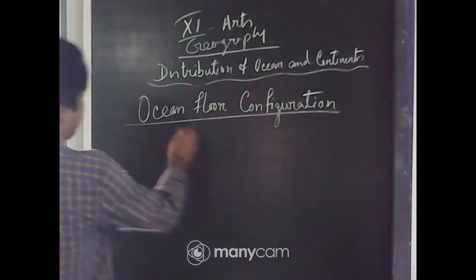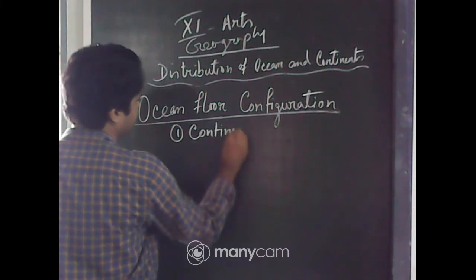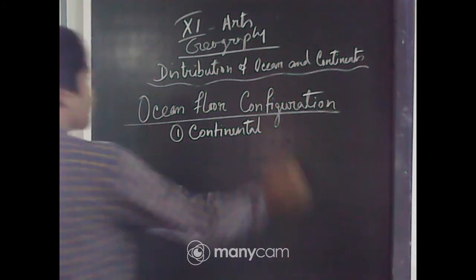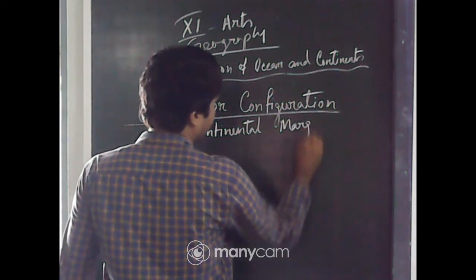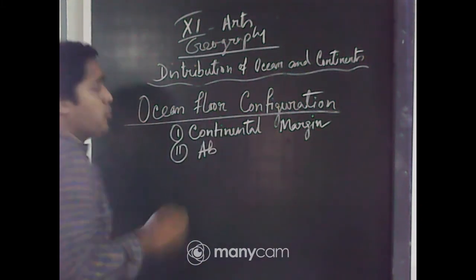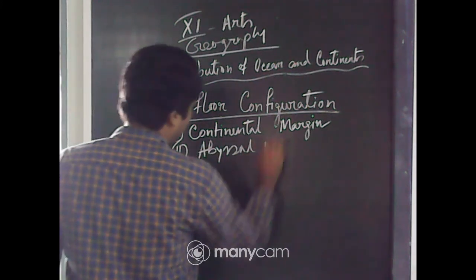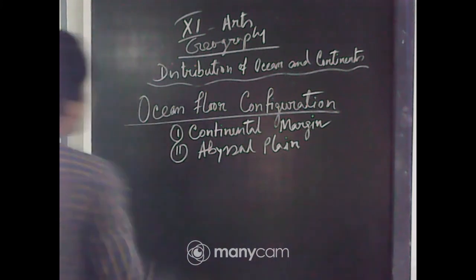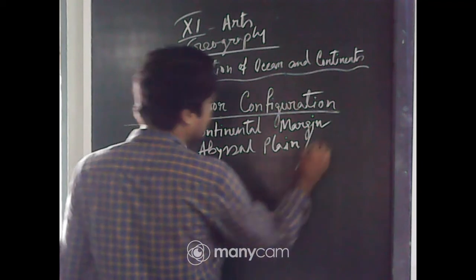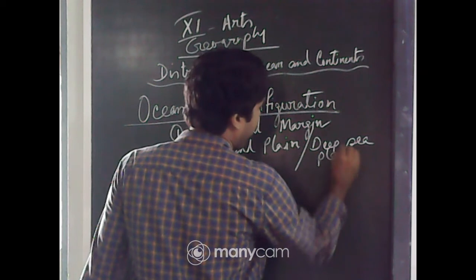There are three parts. The first one is continental shelf or continental margin. Then abyssal plain. In your book it is written abyssal plain, but in some parts of your book you can see this is deep sea plain.